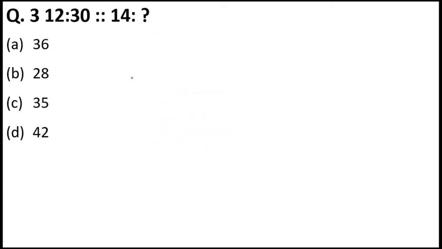Now this is one question where they have given a relation. So 12 is to 30, then what is 14 to? This is what you have to find. So in this kind of relation, what you do is, what is the relation between 12 and 30?